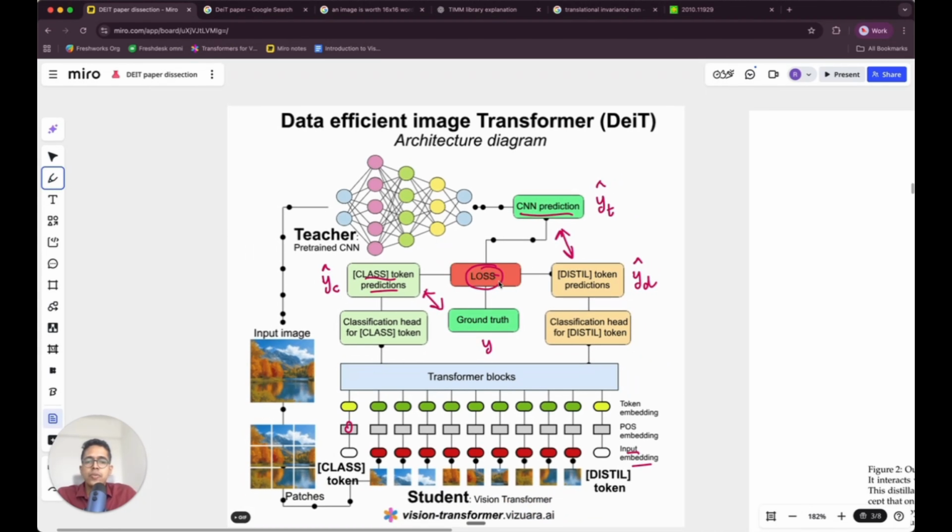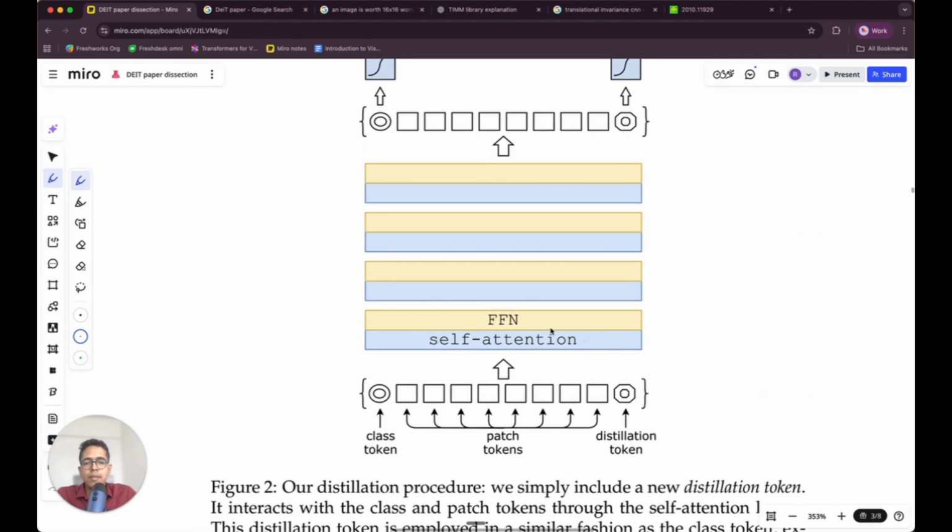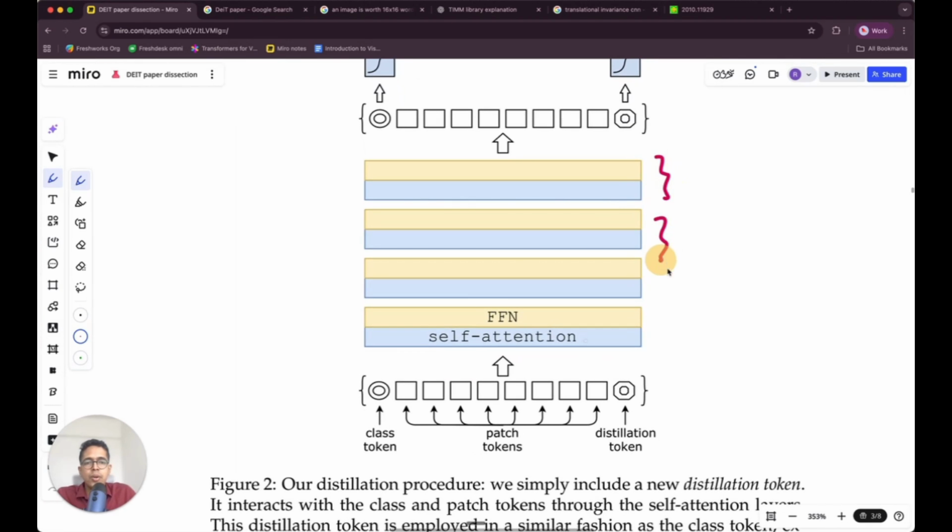This loss is used for training the student vision transformer model. That is what is done. So this diagram shows exactly that. You have multiple attention heads, so these are multiple transformer blocks, which contain self-attention and a feed forward neural network.